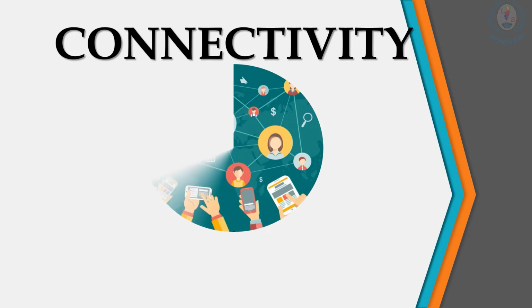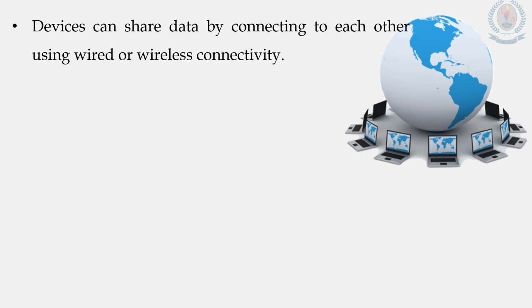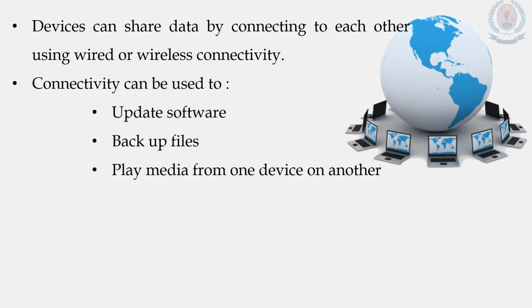This is about connectivity. Connectivity means the state of being connected or interconnected. Devices can share data by connecting to each other using wired or wireless connectivity. Connectivity can be used to update software, backup files, or play media from one device on another.